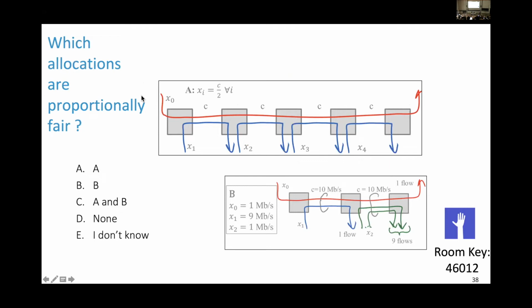Well, for these 2 networks here, for the top network, for example, we already computed allocation A, which is the unique maximum fair allocation for this network setting. For the bottom network, we had allocation B, which was the maximum fair allocation in this setting. And I'm now asking you which of these are proportionally fair also.